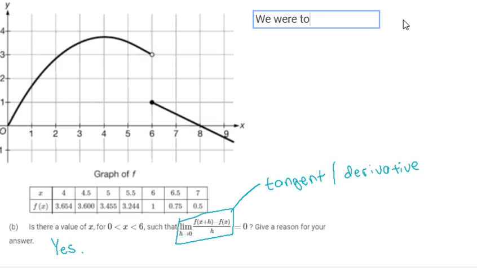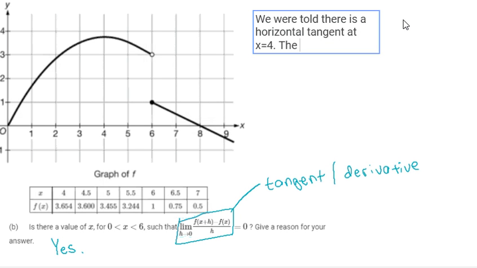We were told there is a horizontal tangent at x equals 4.